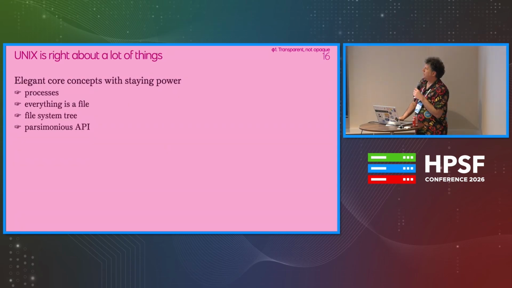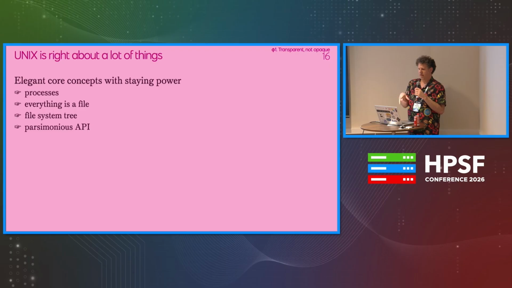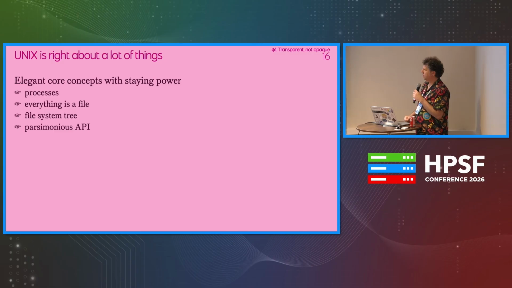The other belief I have is that Unix is right about a lot of things. The core of Unix is considerably older than I am. Maybe not considerably, actually. We're not going to talk about that. The core concepts of Unix I really like. They're elegant. They are still around for a reason. So this is things like processes.